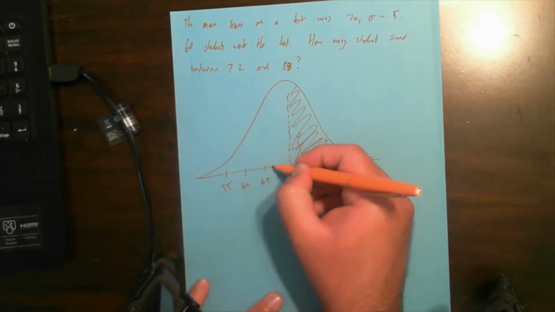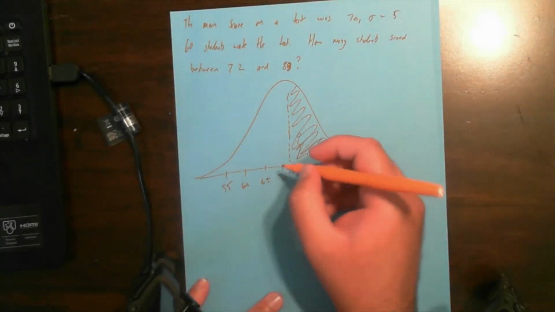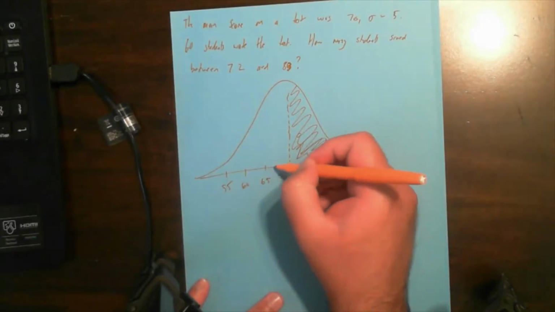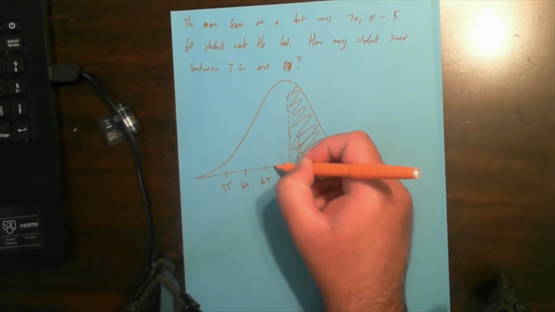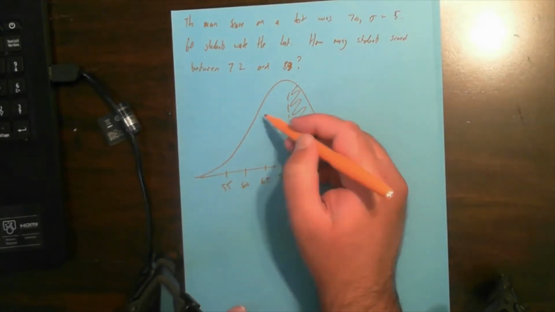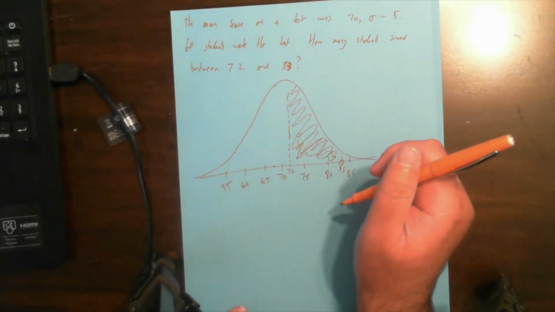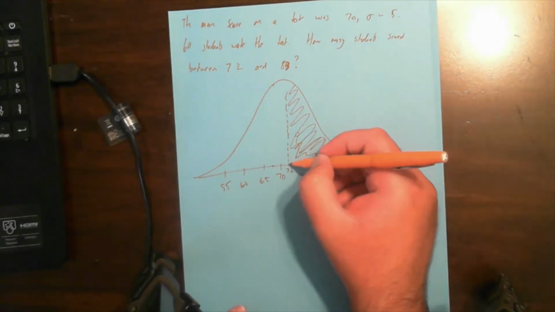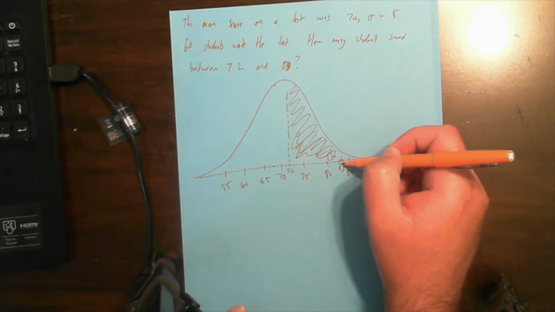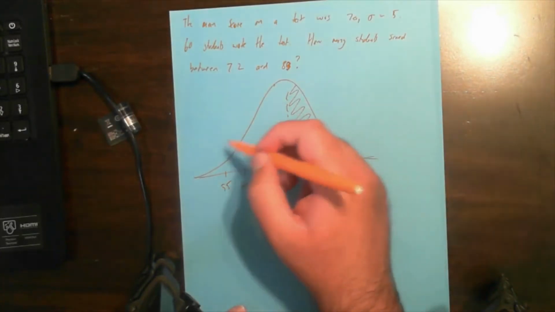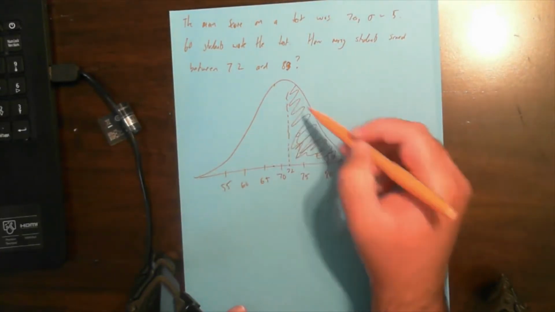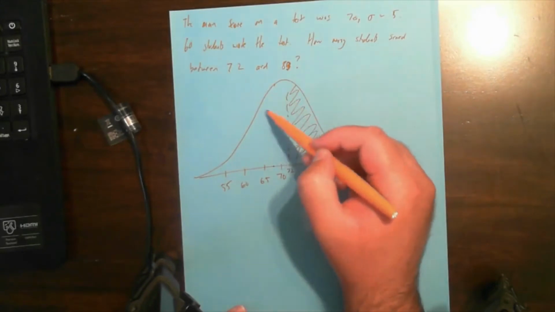So if I look up a z-score for, I don't know, negative 0.5 right here, that number would be the area to the left of that z-score, right? So if I find the z-score for 83, that number in the table would tell me the area less than 83. It wouldn't just give me this area here, it would give me this area as well as all of this.